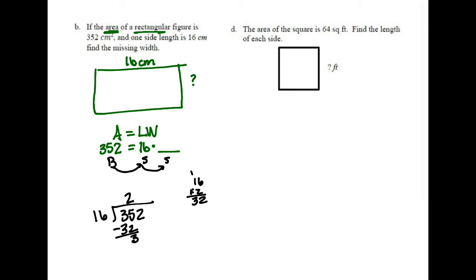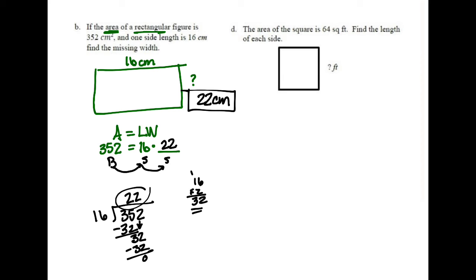So 2. Bring down the 2 and look at that. So we need 32 again. So another 2, and it goes in evenly. So 22 is the number that goes here, which means 22 centimeters is my answer.